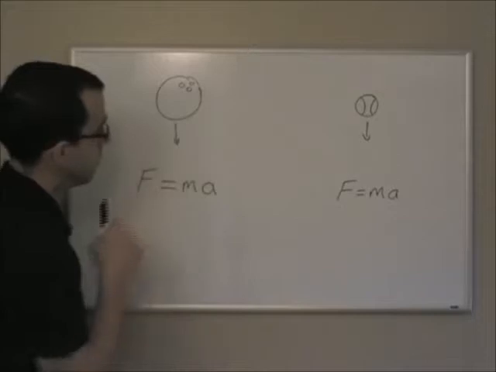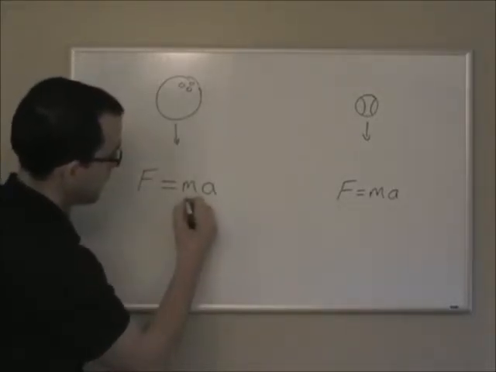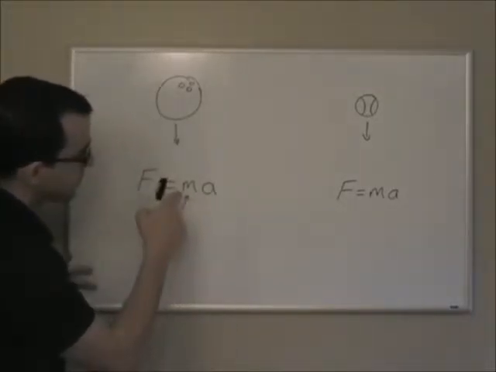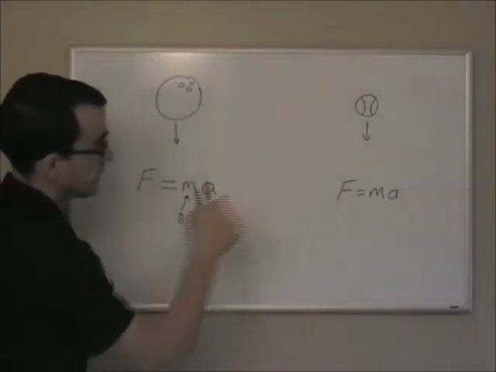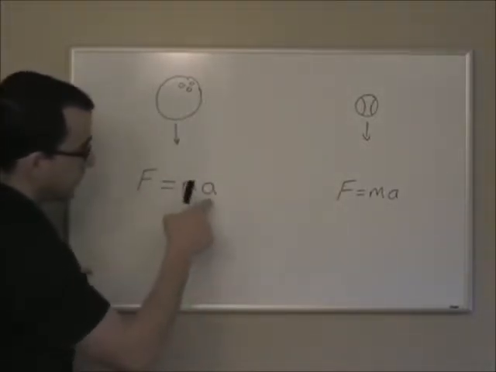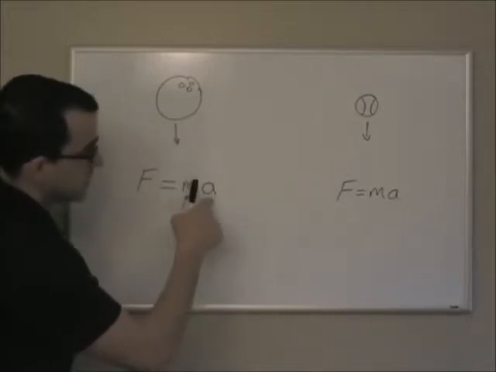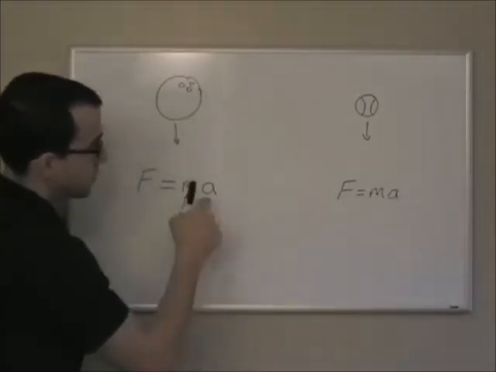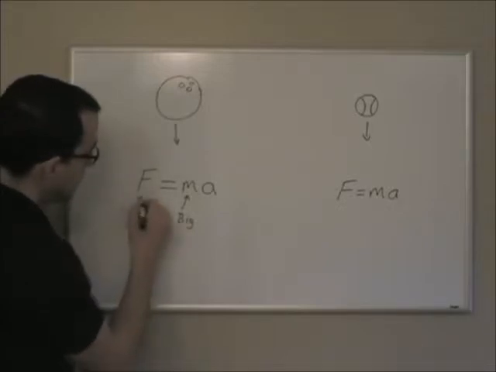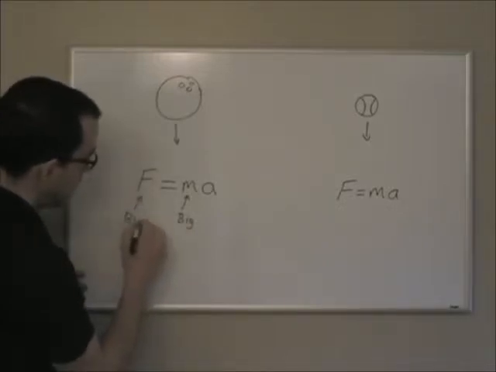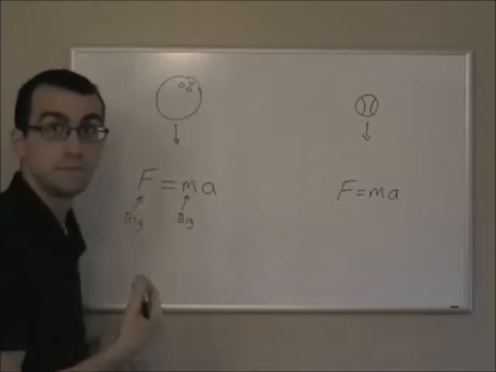For the case of the bowling ball, we're saying that the mass in this equation is bigger than the mass of the baseball. And if we're saying that the acceleration is the exact same in both of these equations, then since m is big, it's going to make the force big on the bowling ball, or at least bigger than the baseball.